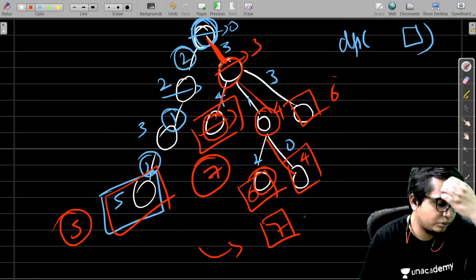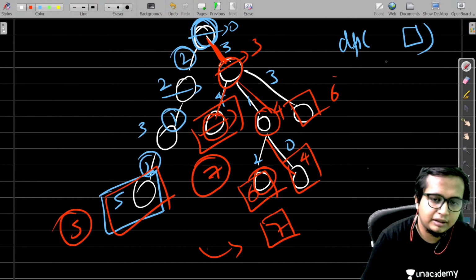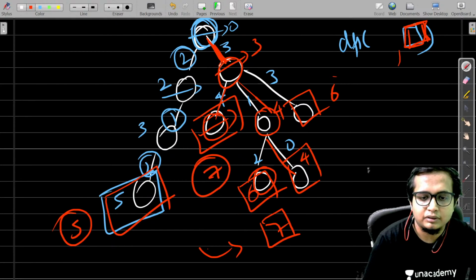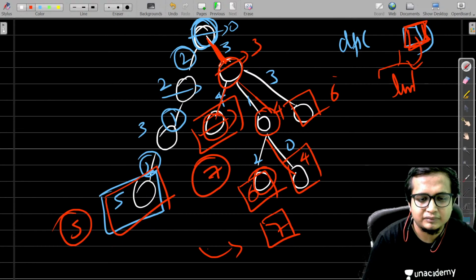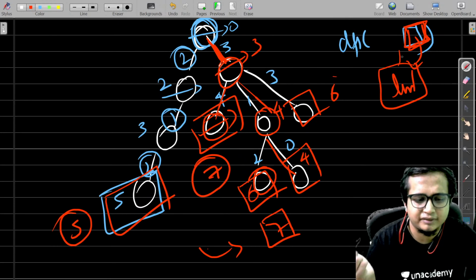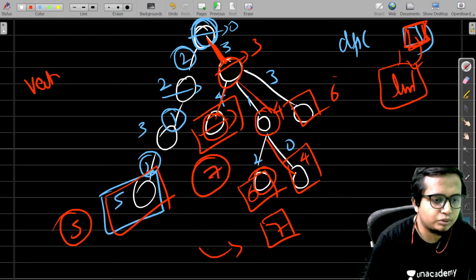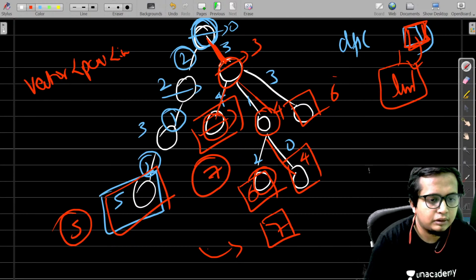So we only need to maintain one thing, whatever you call it, level or anything. And our graph would be stored as a vector of pair of int, int.